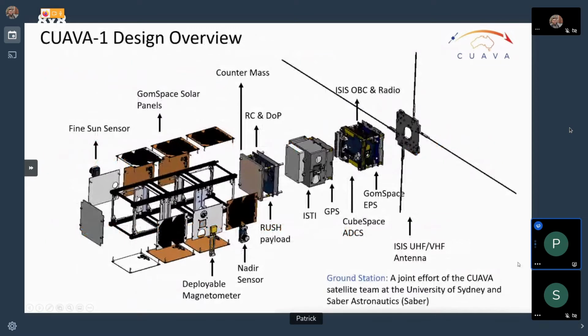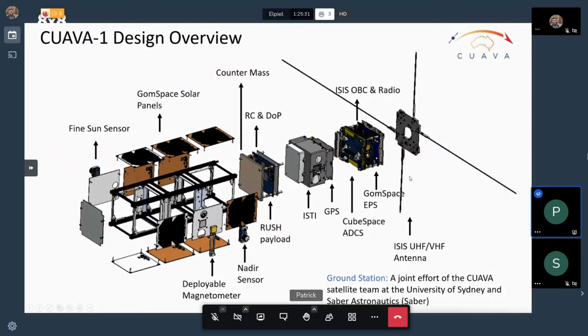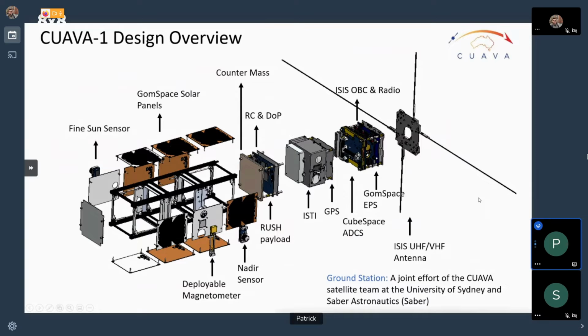So here's a nice overview about our 3U CubeSat. We have the satellite bus here at the top end, underneath the UHF antenna. All of the stuff is commercial off the shelf, and we just wrote the software for it.